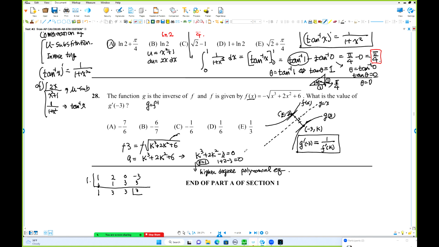So this can be factored as k minus 1 times k squared plus 3k plus 3.